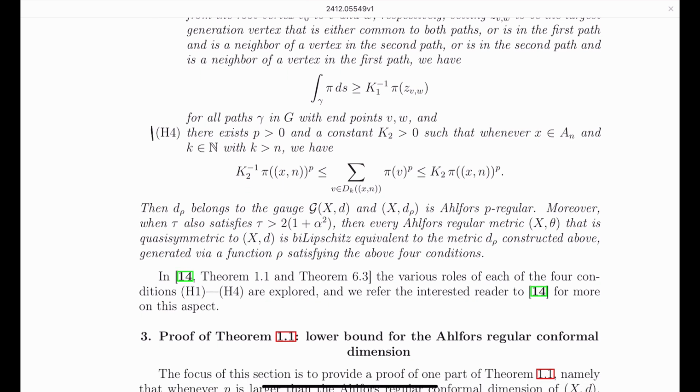I skipped them, but here is the thing, that if you have a rho with its associated pi satisfying all of these H1 through H4, then the new metric becomes quasi-symmetric to the original X, d, and it is Ahlfors P-regular. And this is where it says it's basically necessary because under some more restrictions on the parameters in the construction of the hyperbolic filling, every quasi-symmetric metric on X is bi-Lipschitz equivalent to some metric which arises this way.